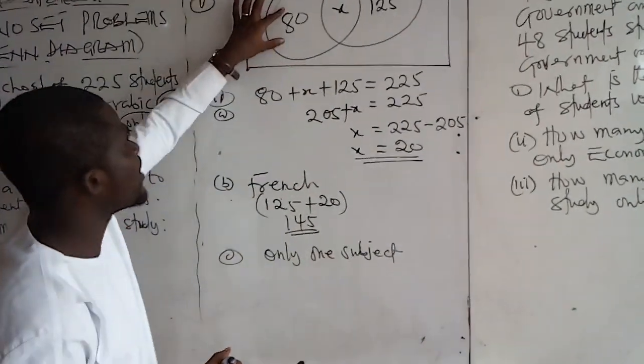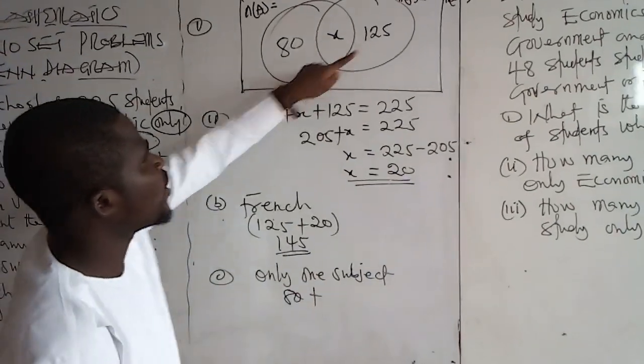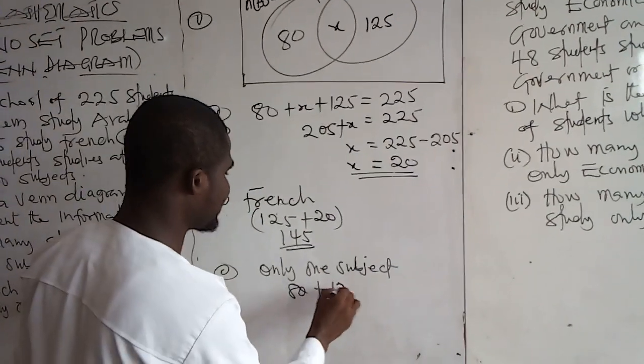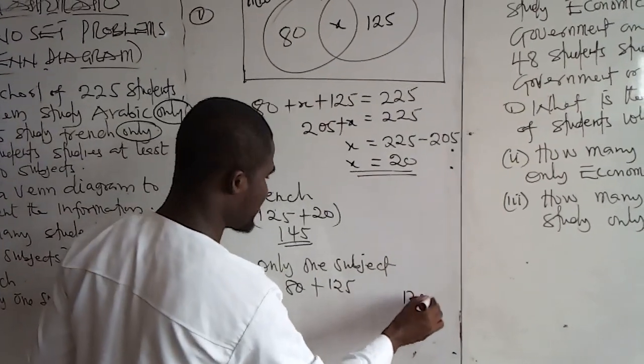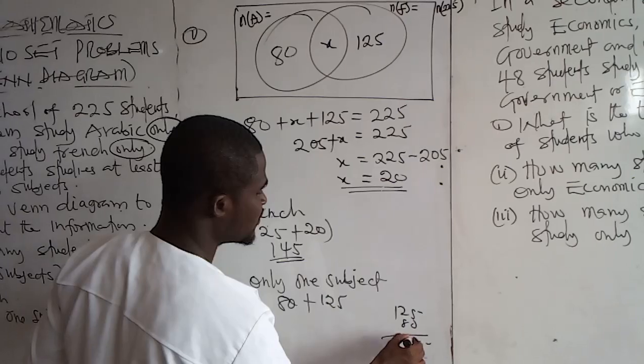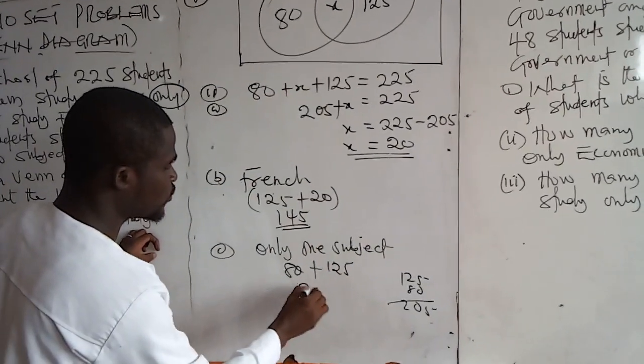So we know Arabic only is 80, plus we know French only is 125. Let's add it. 125 plus 80 is 205. So 205.